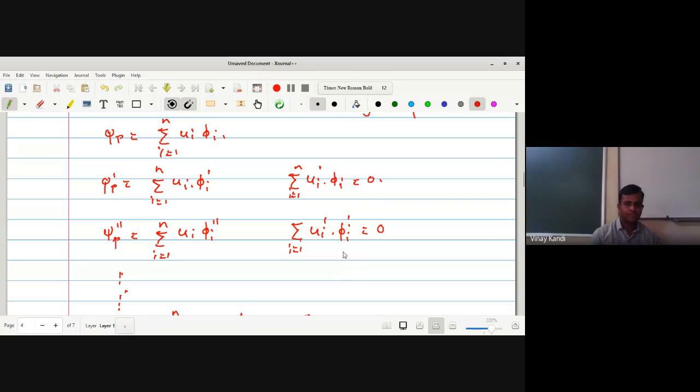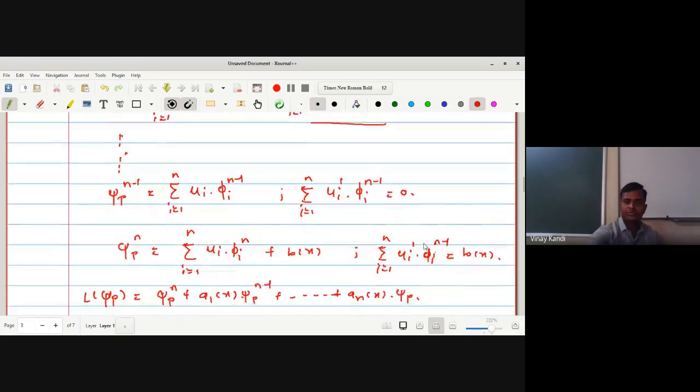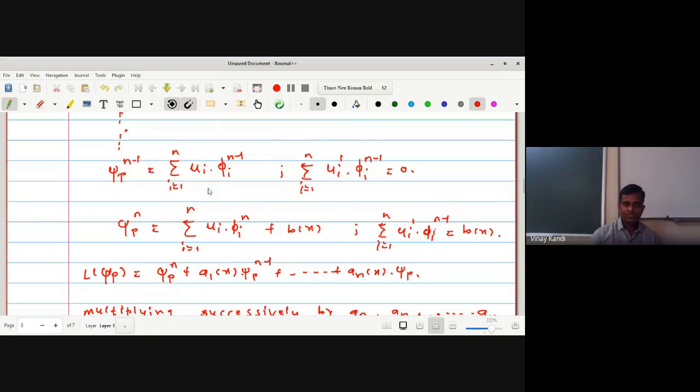Okay, what is the first equation? This, and the second one is this. So these equations we can write in matrix form. First row is phi1, phi2 up to phi n. Second row is phi1 dash, phi2 dash up to phi n dash, and last row is phi1 raised to n minus 1, phi2 raised to n minus 1 up to phi n raised to n minus 1.